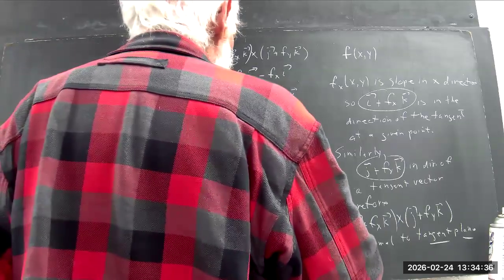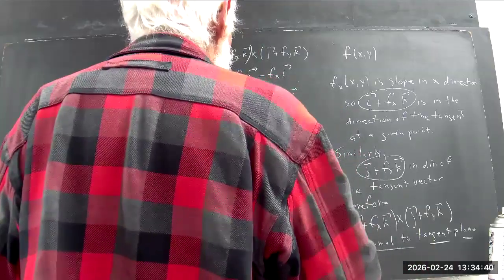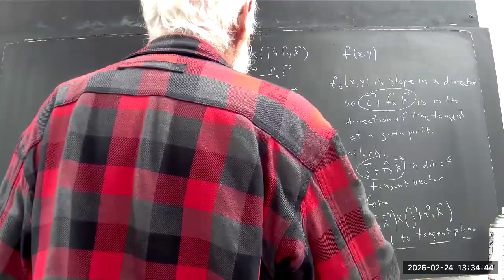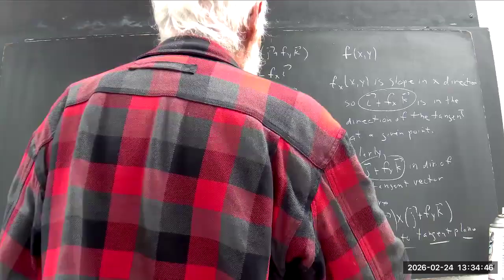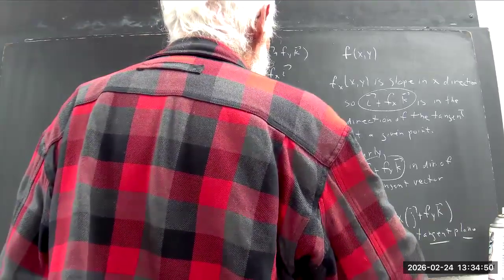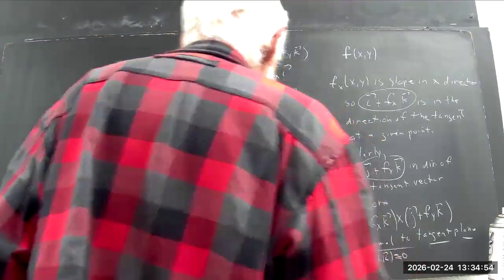Put big parentheses around that. Cross product of that with negative fx i minus fy j plus k equals 0.